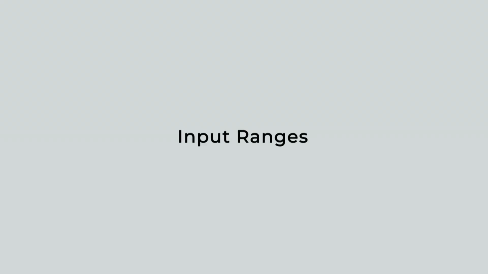Input ranges: the input ranges are the selectable input gains that can be applied to the signal. In a typical low voltage signal conditioner, these might range from 100 millivolt to 50 volt or higher, with several steps in between. Bandwidth is also called the frequency response.